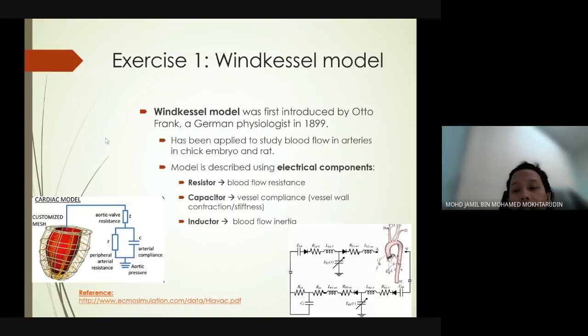So our body is very complicated because it has a lot of blood vessel, a lot of direction of blood flow. It can flow to the brain, it can flow to the feet. The blood is pumped from the heart and then it can flow everywhere in the body.